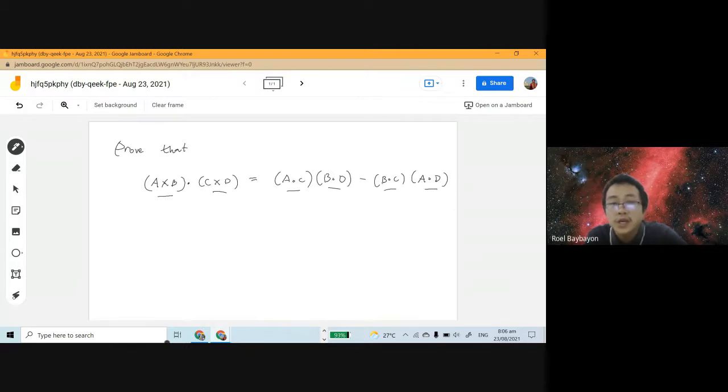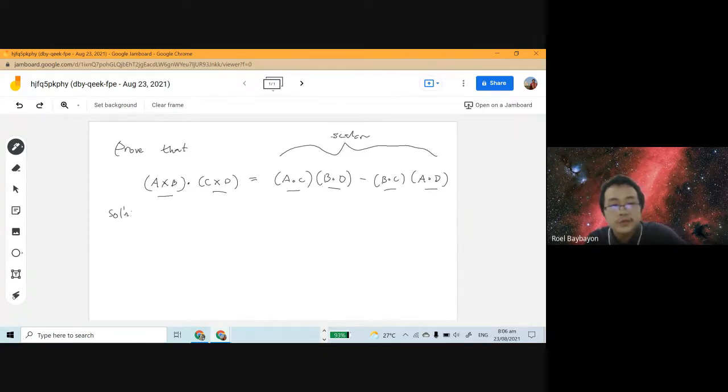So meaning ang kaninga number dere is just a scalar function. So how to prove this identity using the Levi-Civita symbol? This is very simple. Okay?